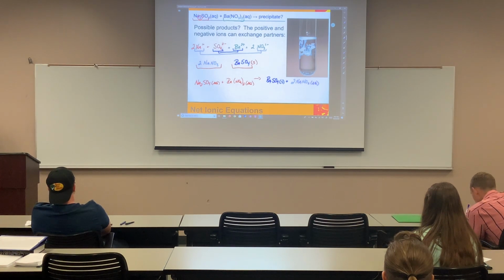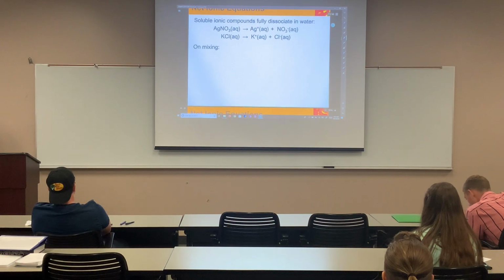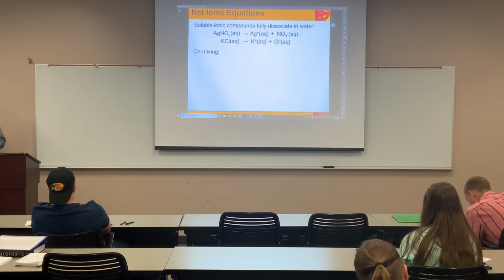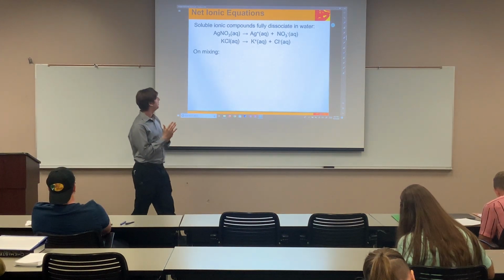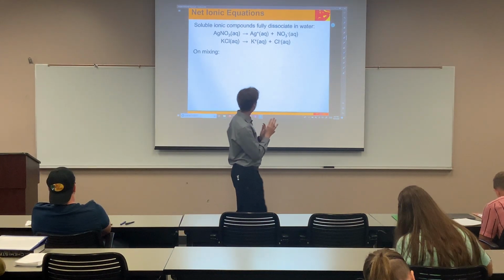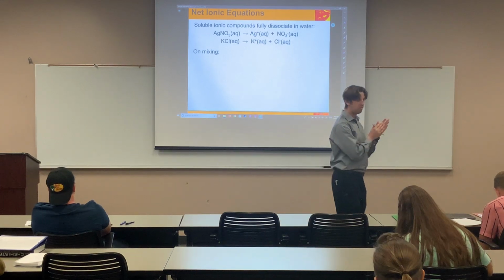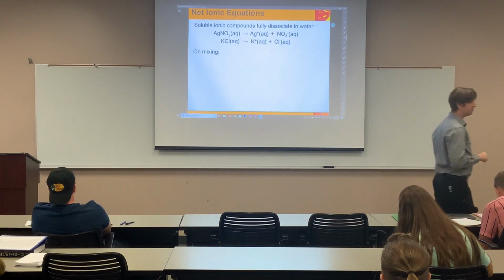All right. All right, so see what you guys can come up with here. And go ahead and write out the equation like we did for the last problem there. So we're mixing silver nitrate and potassium chloride. So see if you guys can write out your precipitation reaction for us.